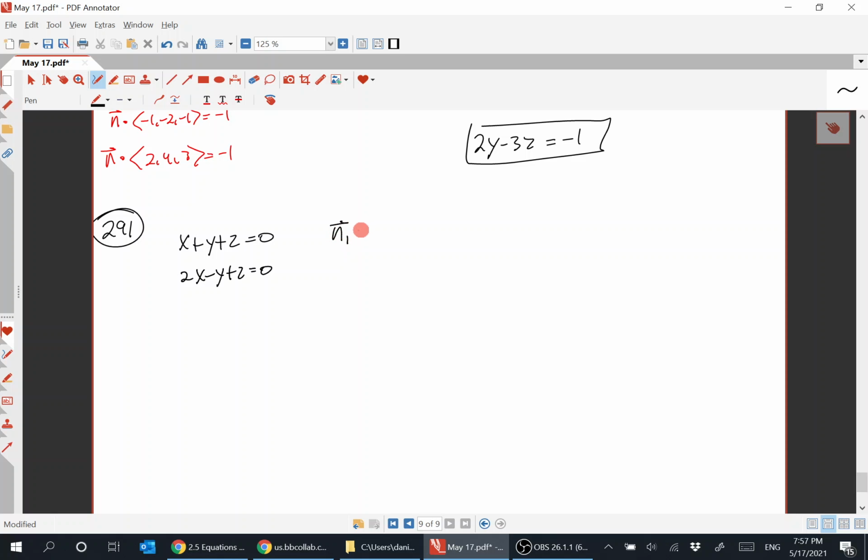So normal vector 1 is 1, 1, 1. Normal vector 2 is 2, negative 1, 1.